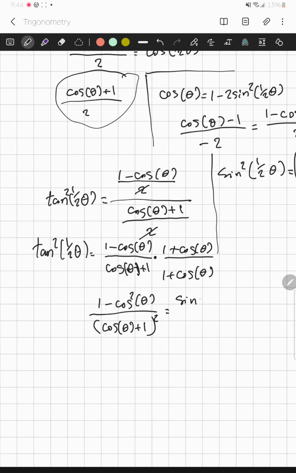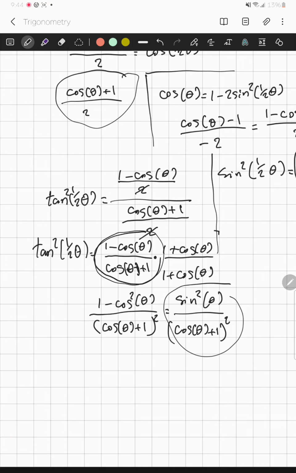Then we get sine theta over cosine. This is useless. It is just like that. Use this, this is simpler.